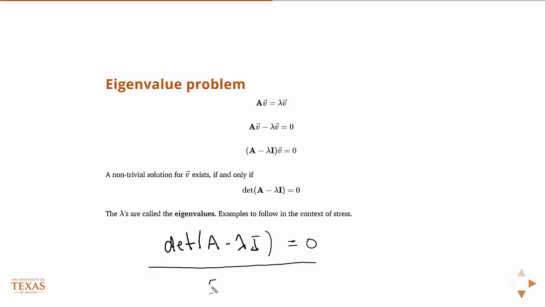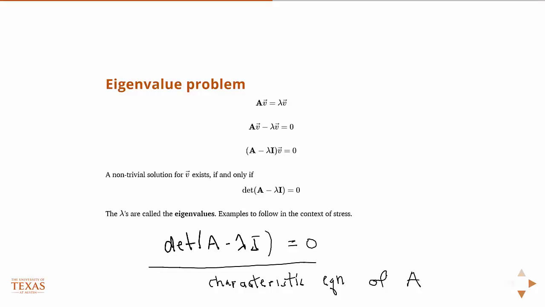What results in that is called the characteristic equation of a matrix. Sorry, at the bottom of the screen it doesn't seem to be writing very well. Characteristic equation of A.